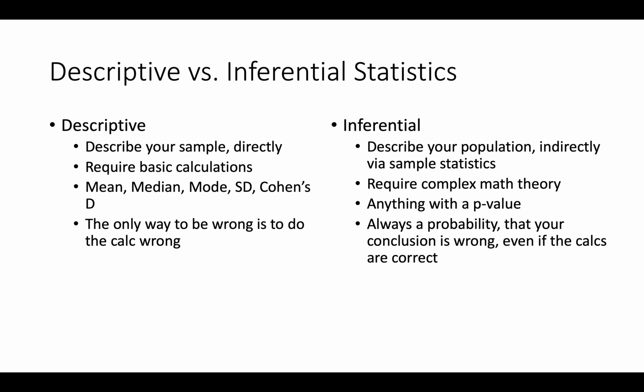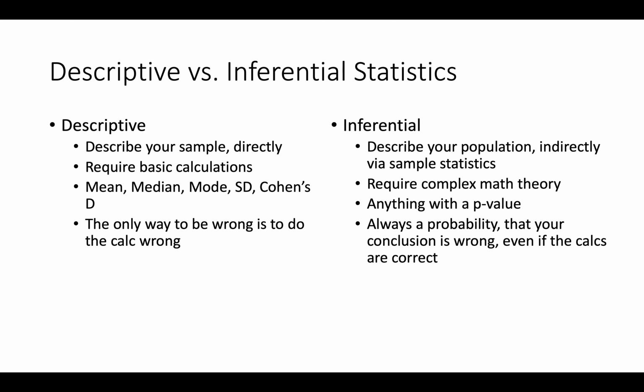Now, before we get too far into what statistics are, there are two classes of statistics that are worth discussing. Descriptive statistics describe your sample directly and require basic calculations like calculating a mean, and the only way to really be wrong in a descriptive statistic is to do your calculations incorrectly.